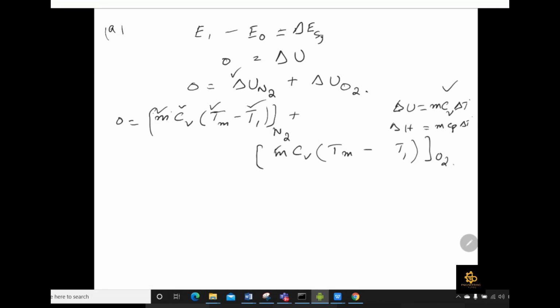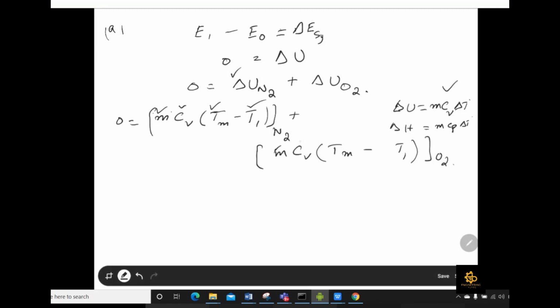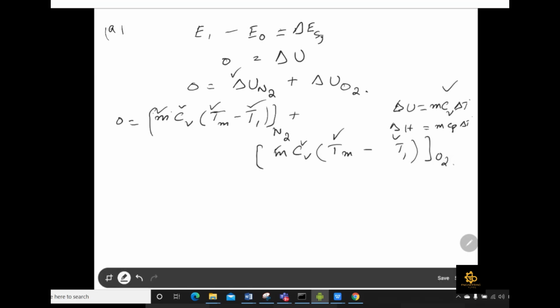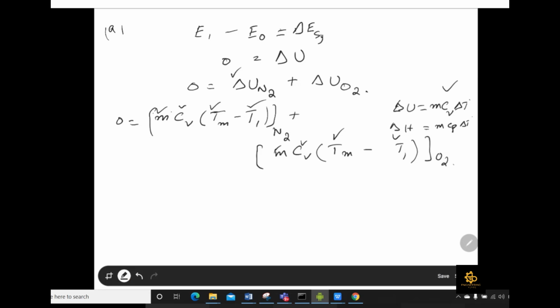Similarly, m is known for O2 as well, Cv you can find from the thermodynamic table, Tm you have to find, and T1 is 40 degrees Celsius. So you just have to plug in all the values.